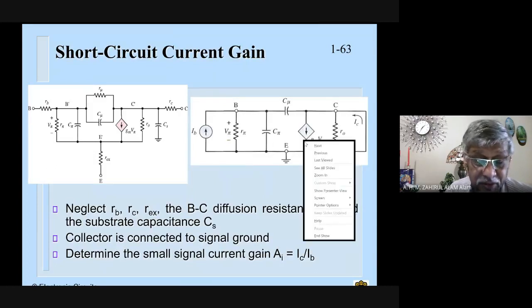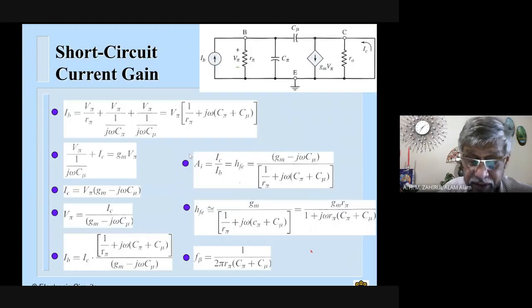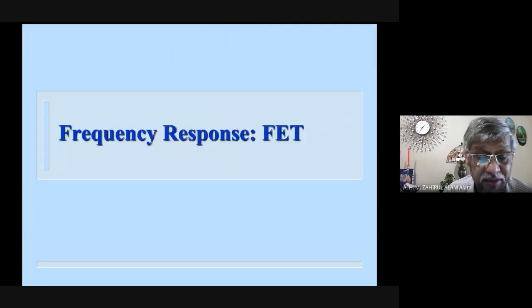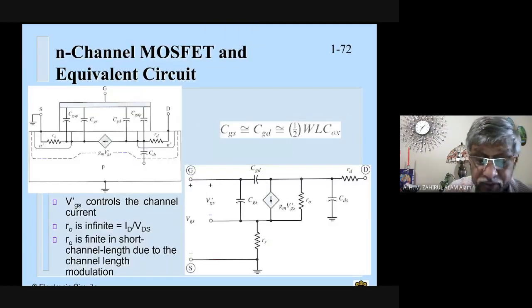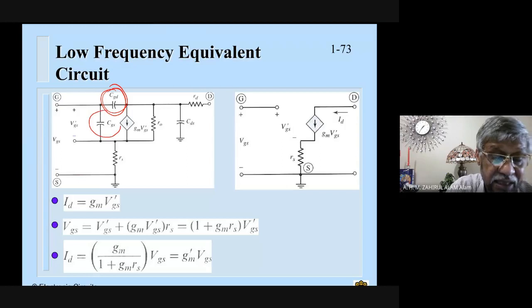Okay, now I go to the MOSFET equivalent circuit. Similarly, for the MOSFET, we don't go through the details. For the MOSFET, we consider three capacitances, which are CGD, CGS, and also CDS.